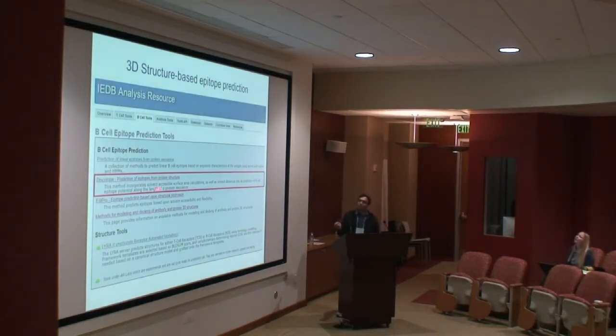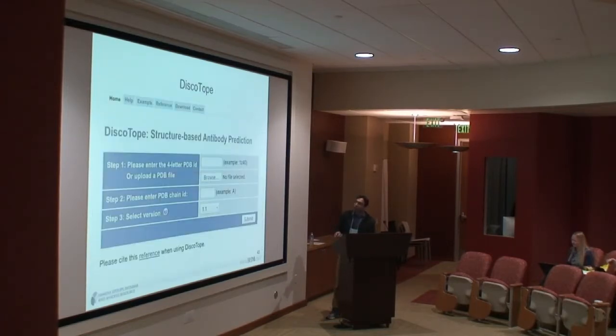You can access DiscoTope, as I said, from the B-cell tools page. You can click on DiscoTope. The form is pretty simple. You provide a PDB ID, that's a 4-letter ID. Or you can upload a PDB file, that's a coordinate file that I was mentioning earlier, and provide which chains you would like to do the predictions for.